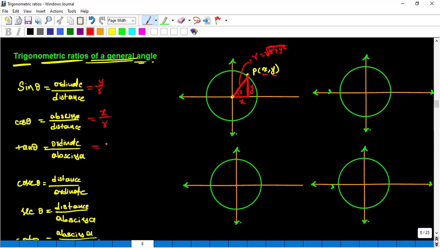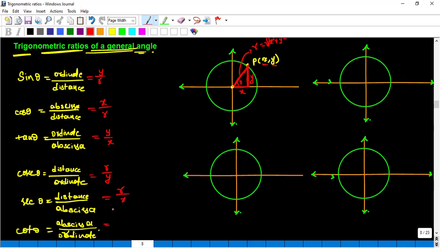Then what is tan theta? Y by x. Then what is cosecant theta? Cosecant is inverse of sine, so r by y. Then what is secant? Secant is inverse of cos, r by x. Then cot is inverse of tan, which is nothing but x by y.